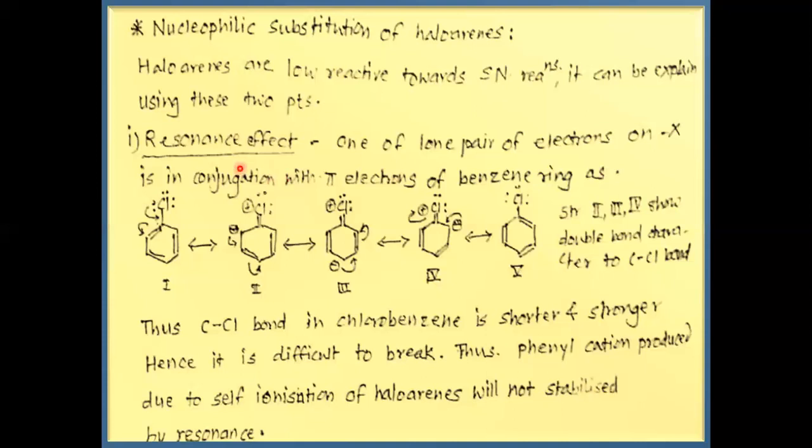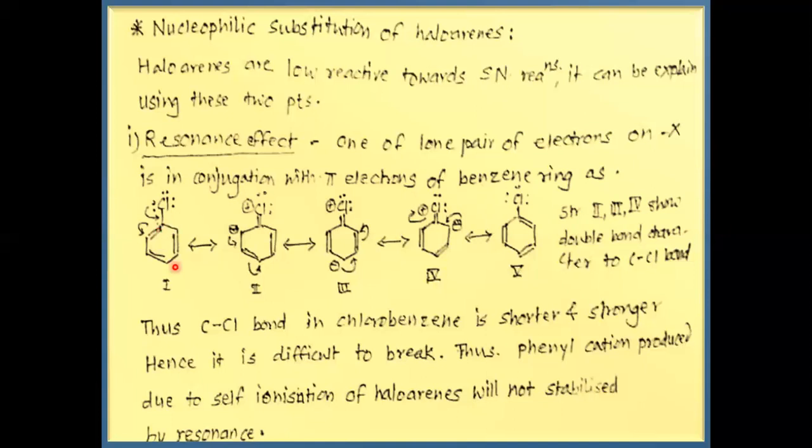So we are going to see the example of haloarenes. So this is chlorobenzene. In this chlorobenzene, the electron pair on halogen is in conjugation with the conjugation system of the benzene ring. What is a conjugation system? Alternate double and single bonds present.